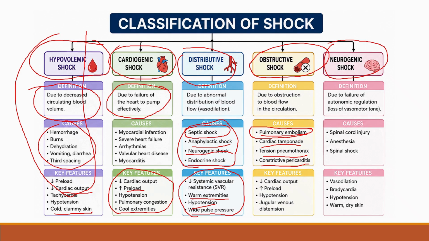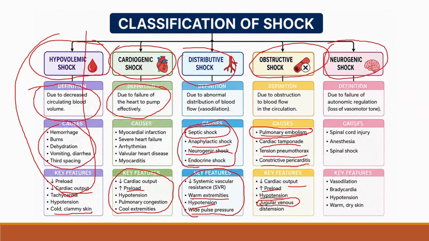So these are the blockages which lead to obstructive shock, and the cardiac output is reduced, same here. Cardiogenic shock and obstructive shock have high preload, and hypotension is the same here, and jugular venous distension. The jugular vein you can see in the neck area. So these are the details of obstructive shock.